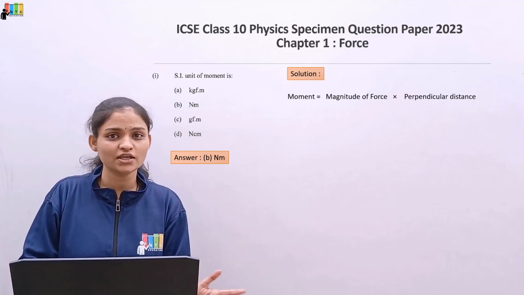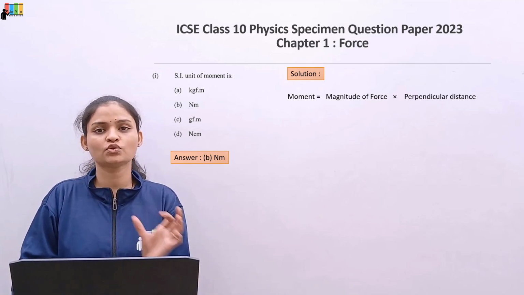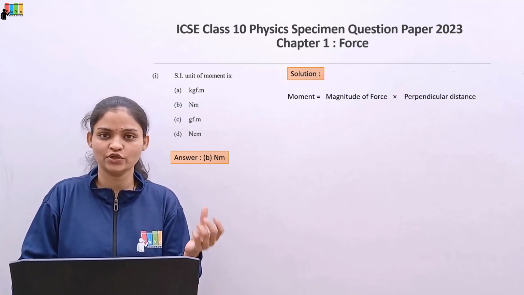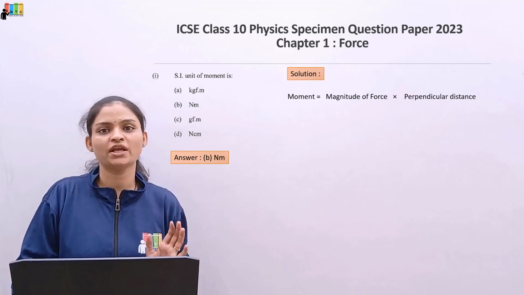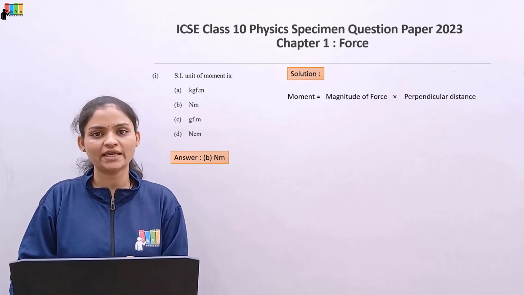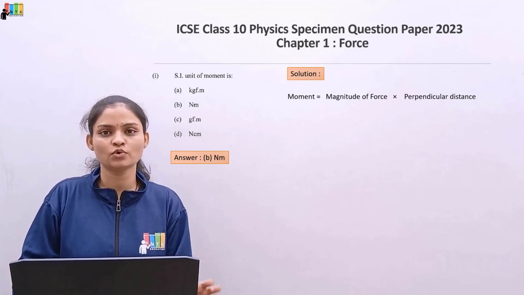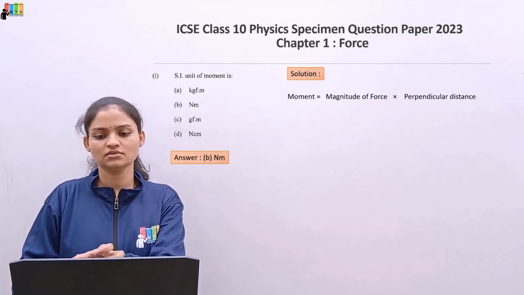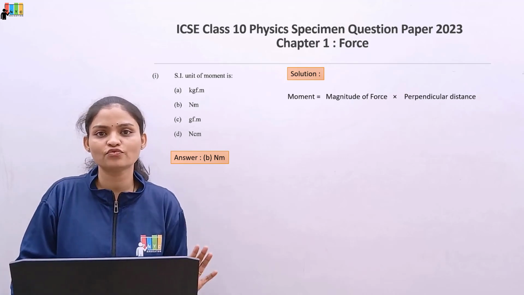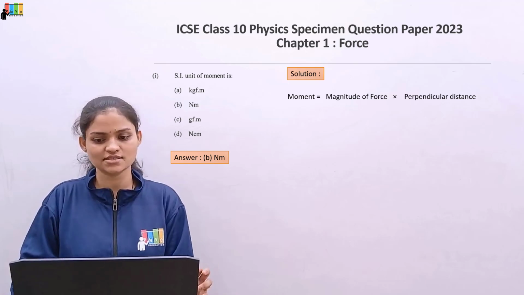So what will be the unit of moment? It is the combined unit of magnitude of force and perpendicular distance.